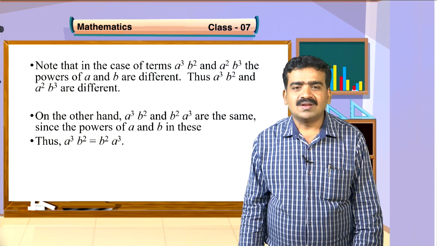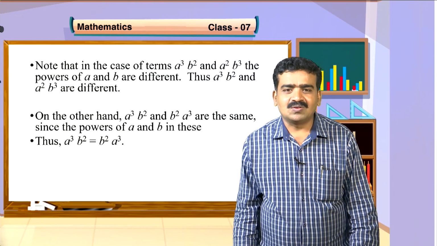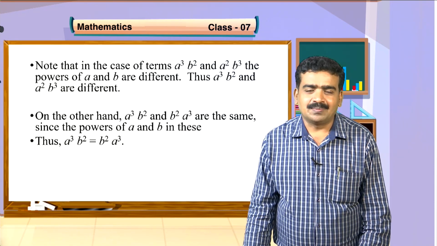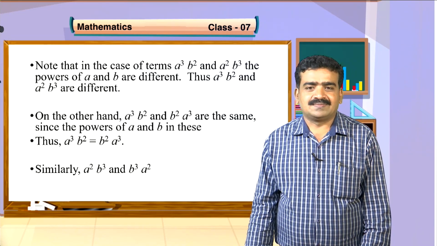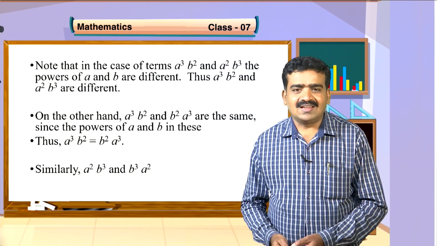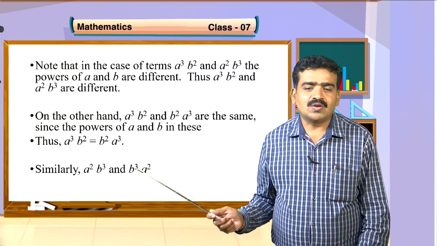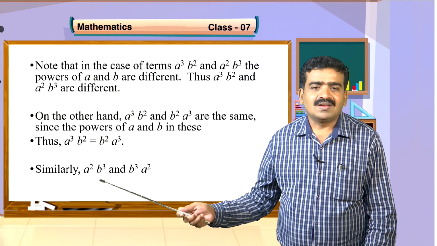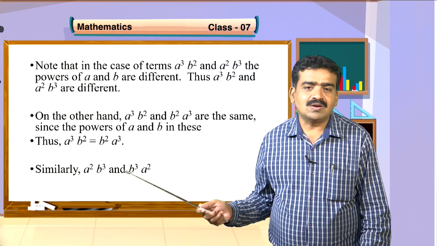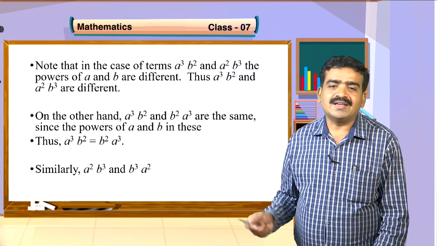Thus, a cube into b square is equal to b square into a cube. Similarly, we can compare a square b cube with b cube a square. Therefore, a square and b cube is also equal to b cube into a square.